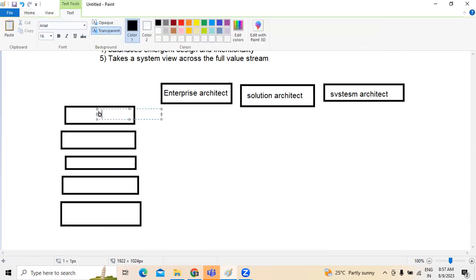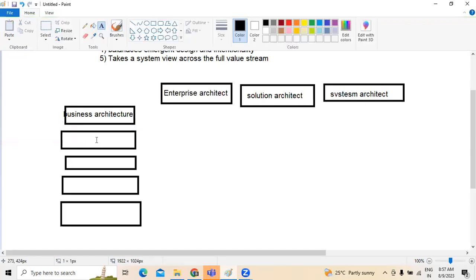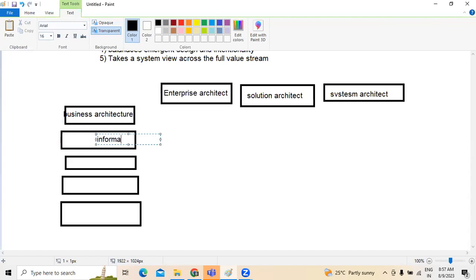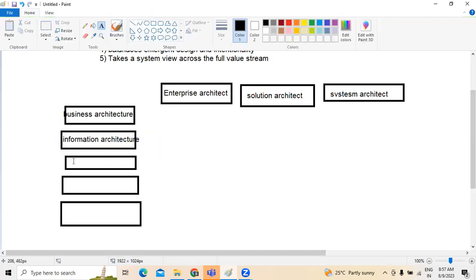The first one is called business architecture, which explains the business functionalities. The next one is called information architecture. What information we would like to work with comes under this category.